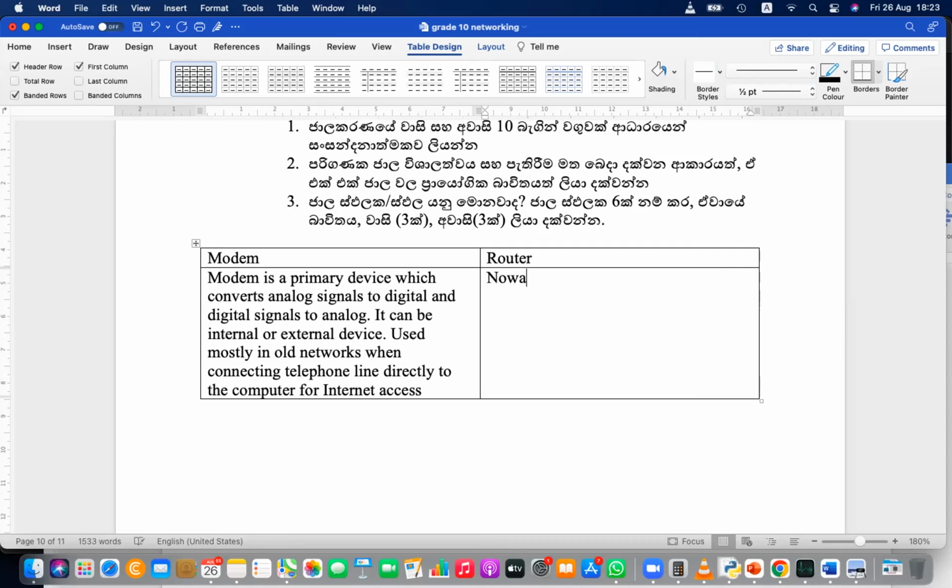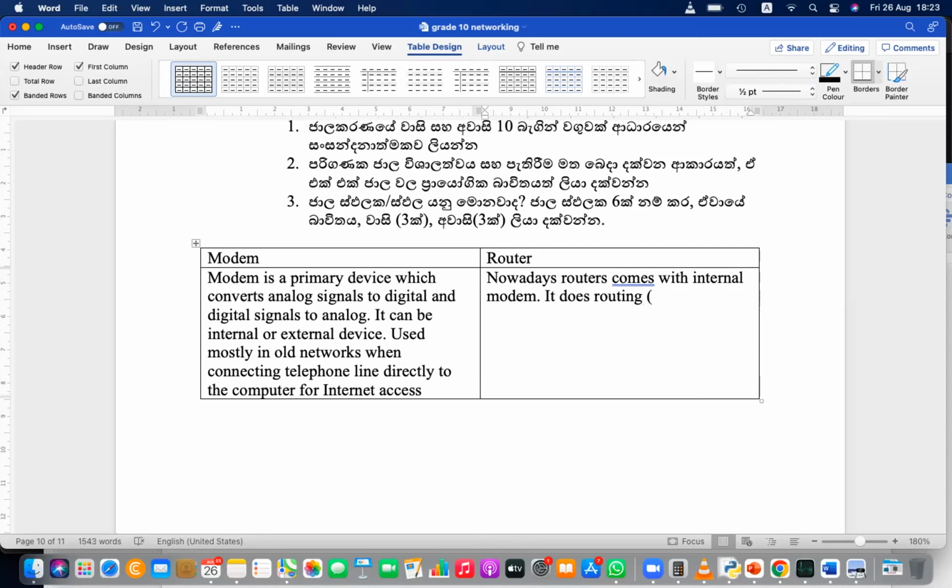Nowadays, routers come with an internal modem. It does routing.